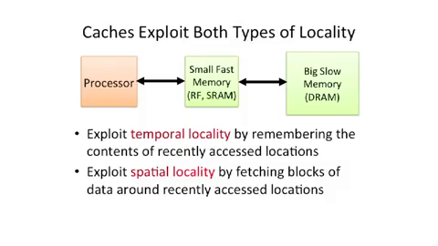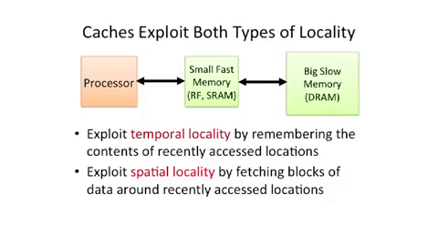So when you see accesses which are temporally close by, what's going to happen is a cache is going to sit somewhere here before you get to a main memory system. And when you go to access a value, it's going to memorize that and keep that value nearby. So if you go to access it again in time, and if your program exhibits temporal locality, that data value will be close by, and you won't have to go out to the big, slow RAM.